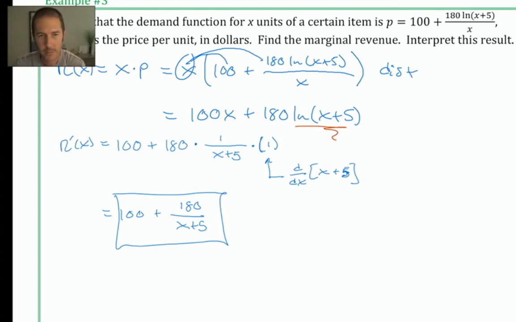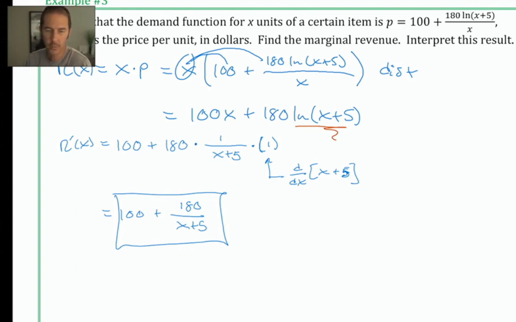Well, I'd love a result of plugging in an x value, but remember that the marginal revenue function describes the rate of change in revenue at some particular x value. Now that x value represents a number of units.